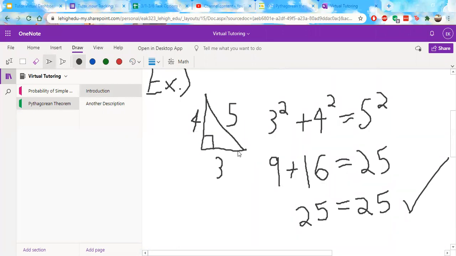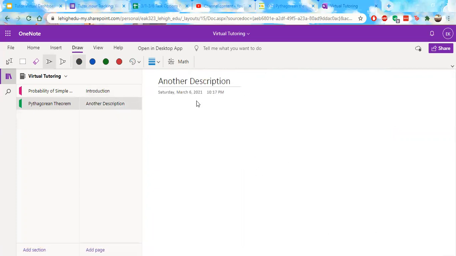If you have certain numbers and the sides work out, they end up equaling each other. But really, I'm going to show you guys maybe a little bit more conceptually, like really seeing it, why it actually works. All right. So let's say we have a right triangle.